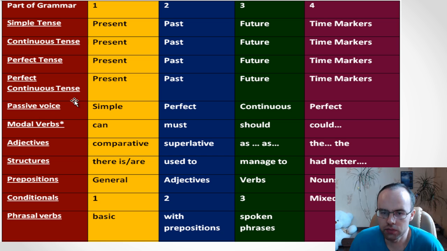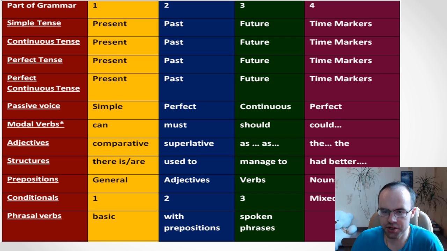We have the same story with passive voice, modal verbs, and adjectives. If you really want to improve your level and have a more advanced level, you need to know lots of English structures, not only for beginners, but for pre-intermediate, intermediate, upper intermediate, and advanced students.